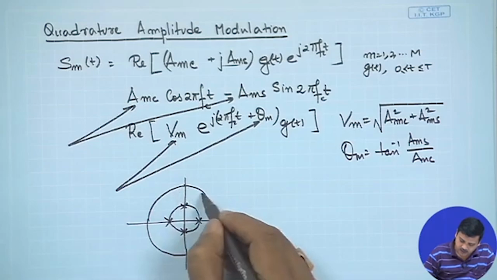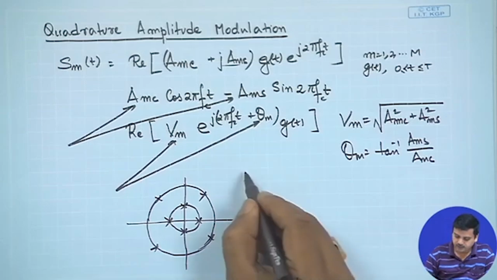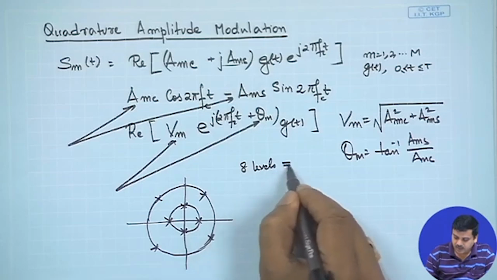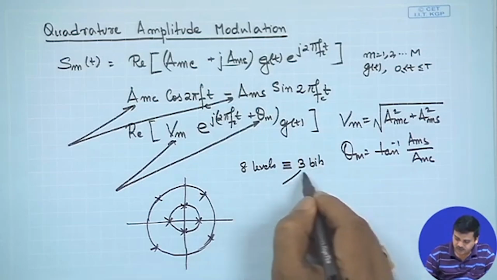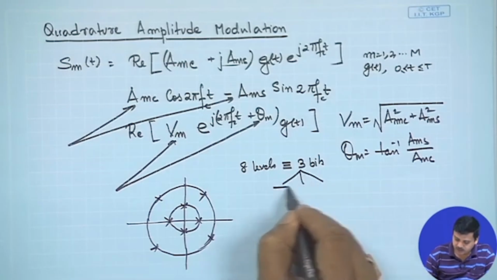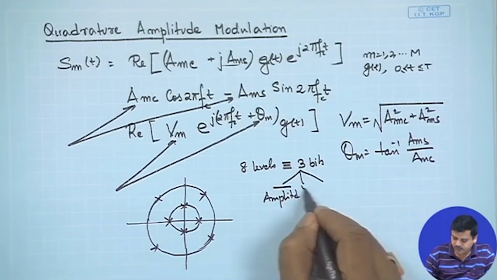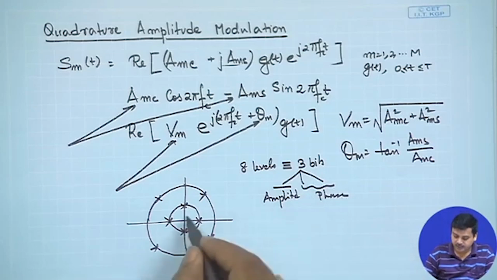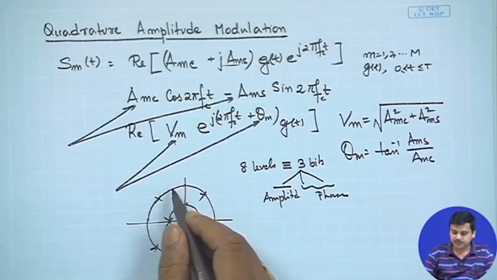The other phases could be here or here, and together you would get 8 levels, or 8 symbols, which would mean 3 bits. We said these 3 bits can be broken into 2 parts, one for the amplitude and the other 2 for the phase, and there could be a coupling, right? For a certain amplitude, the phases are these, and for the other amplitude, these are the phases.